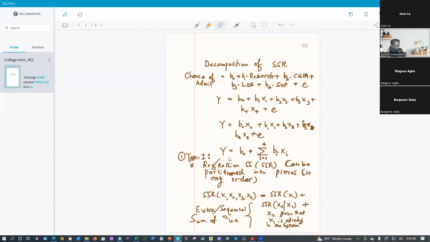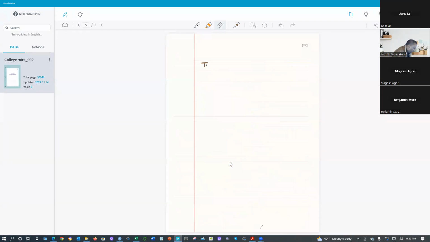Okay, let's look a little bit into type 2 and 3. I'm going to say type 2 SS is kind of the same as type 3 SS.